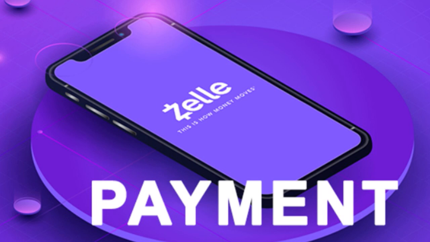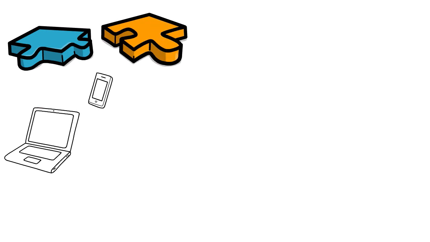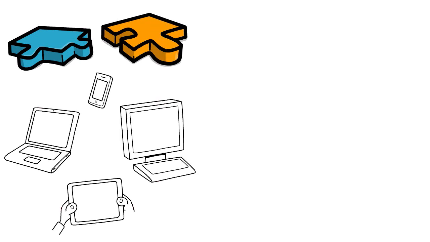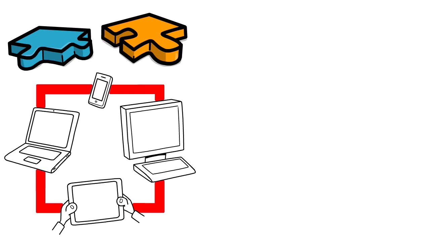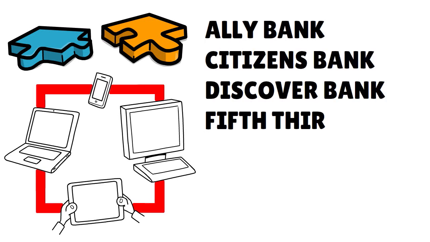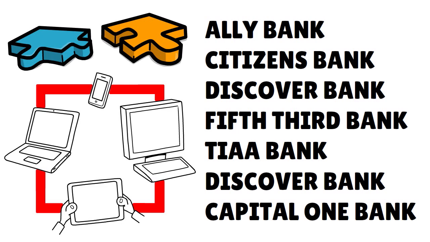And which banks use Zelle? Well, the banks that own Zelle are not the only ones that use it. There are more than 2,000 banks and credit unions partnered with Zelle to provide the payment service to their customers. So if your bank is one of them, then Zelle will already be included in the bank's app. Some popular banks that use Zelle are Citizens Bank, Discover Bank, Fifth Third Bank, and Capital One Bank.